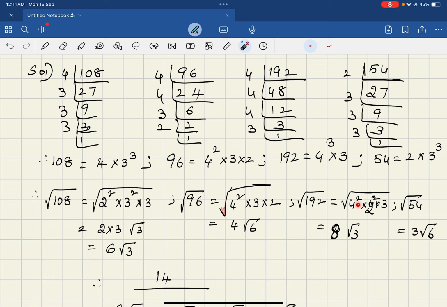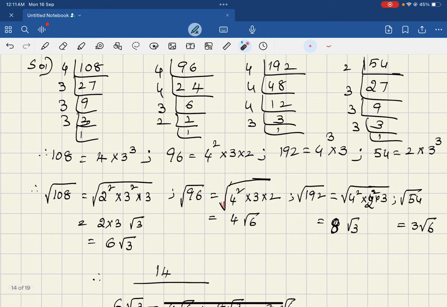Now there is a square again, so this square and the square root get cancelled. So you will remain with 4 2s are 8, so 8, and for 3 the square root will be there, root 3. Now square root of 54: again this 3 cube can be written as 3 square into 3. So that means 2 into 3 gets to be 3 root 6.